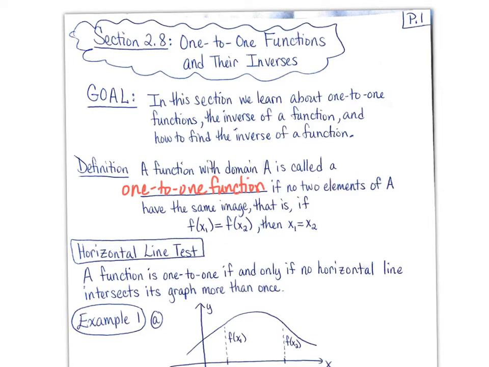That is, if f of x1 is equal to f of x2, then x1 equals x2. Okay, so in other words, no two elements of A have the same image or output.